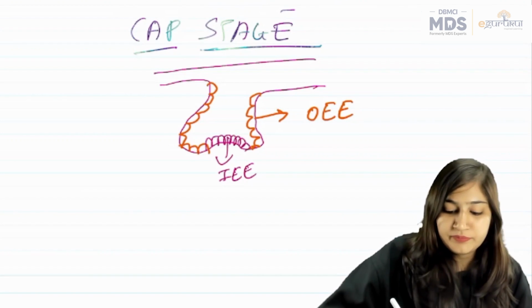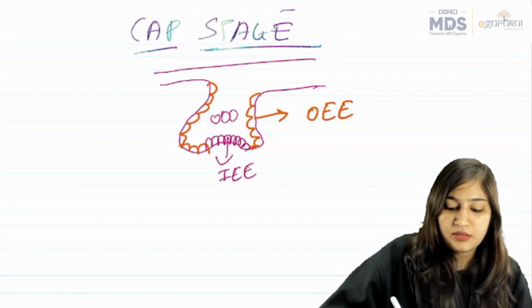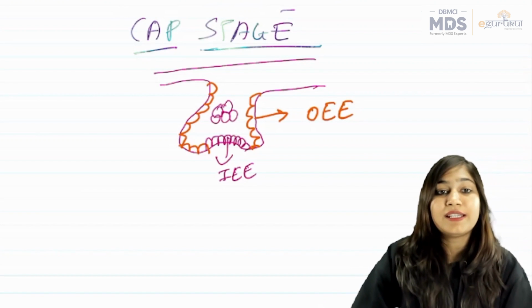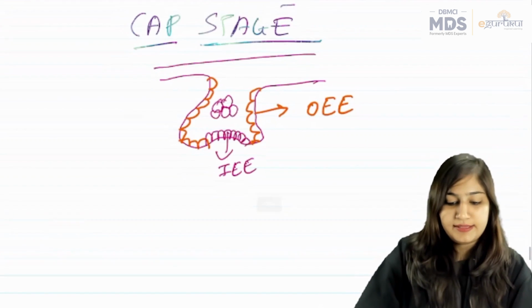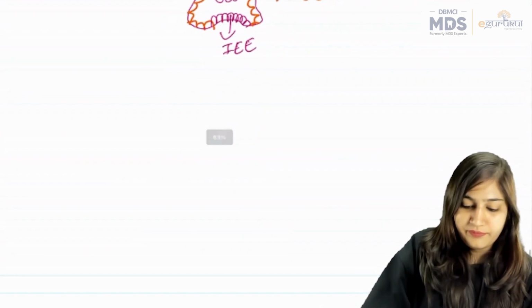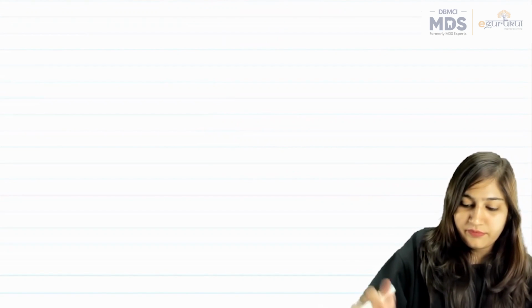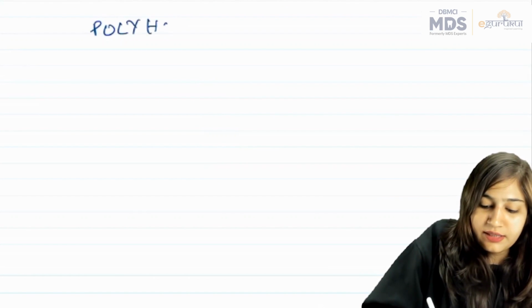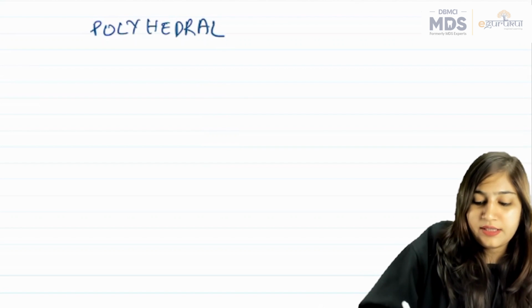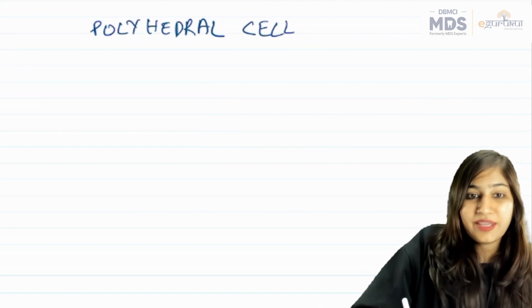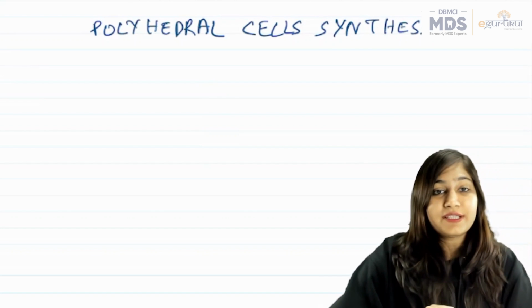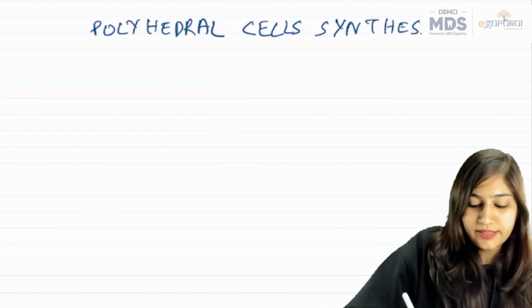Now the central cells. Central cells are polyhedral in shape. They synthesize what? Glycosaminoglycans. So, polyhedral cells synthesize glycosaminoglycans.